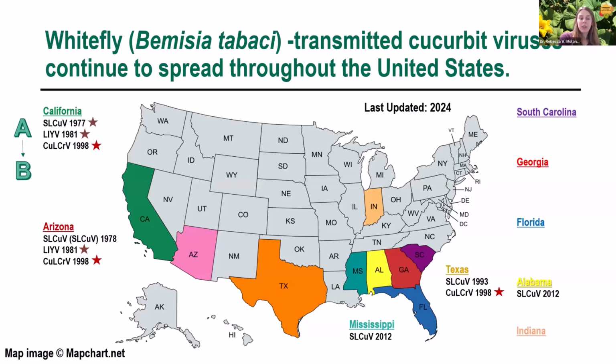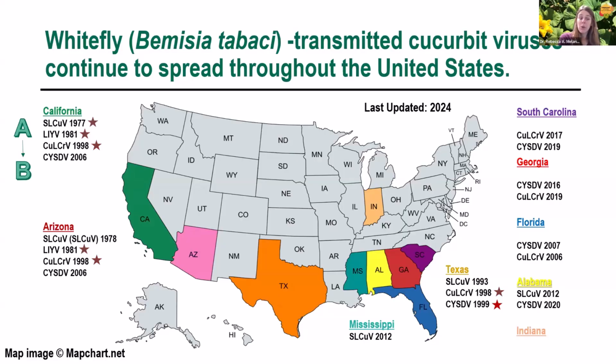Then we had cucurbit leaf crumple virus that was described in Texas, California, and Arizona, all at approximately the same time. This virus also spread eastward. CYSDV was described in Texas, and that spread both westward and eastward. In Florida, we had squash vein yellowing virus that was first described, and this virus also spread within the southeast and westward.